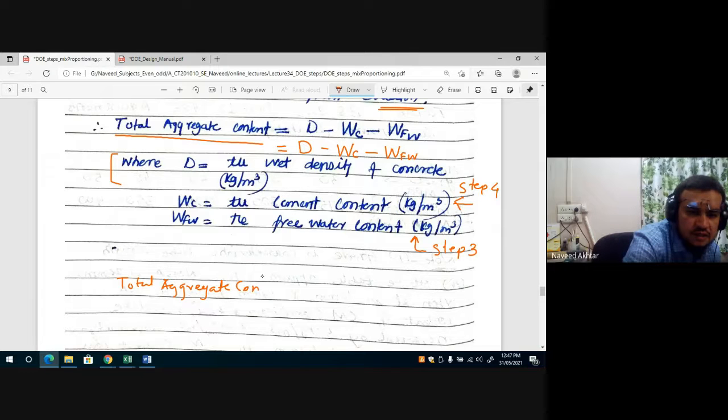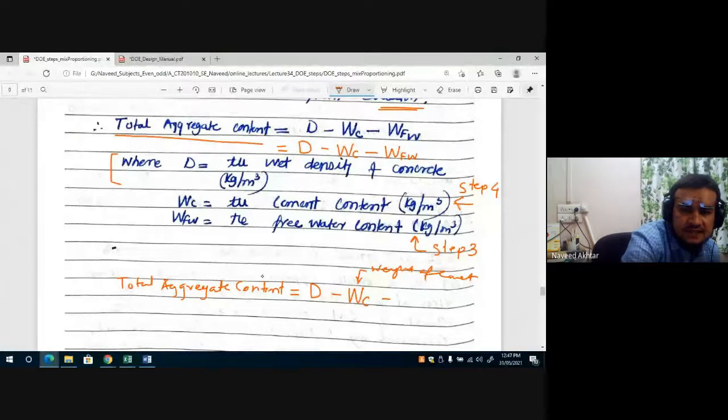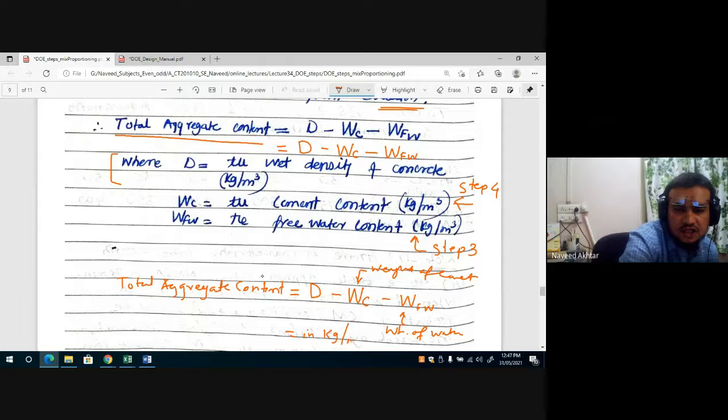Using this graph, figure number 2, that is the total density minus the weight of cement, minus the weight of free water content, in kg per cubic meter, you will get the total aggregate in kg per cubic meter.